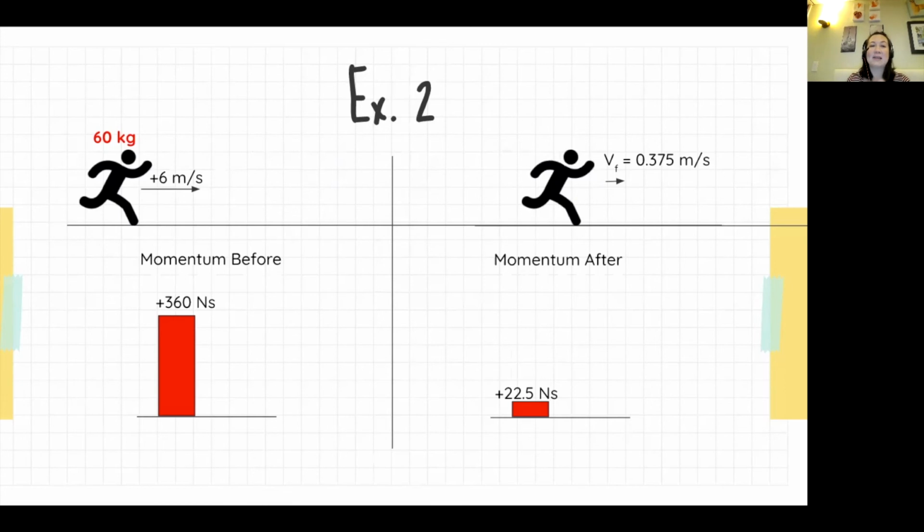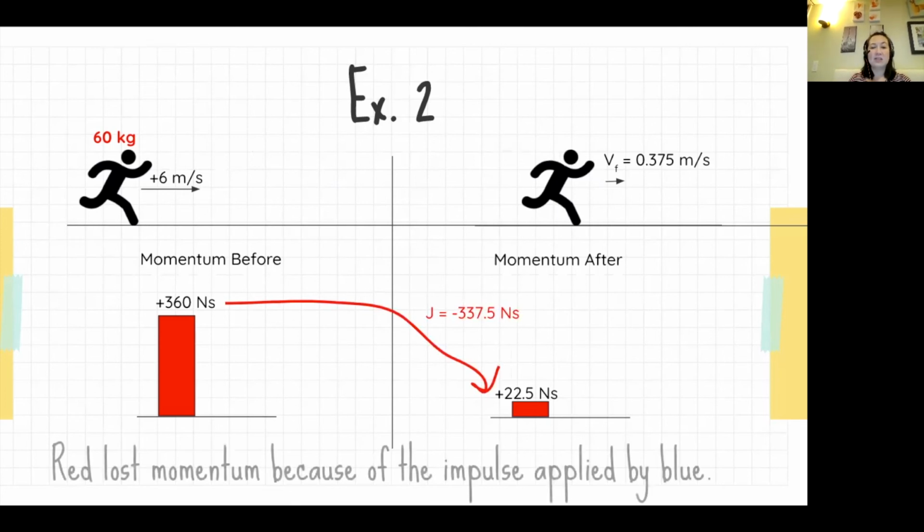Let's look at red. How much impulse happened to red during this collision? I don't need the force times time. I don't need the area under the curve. But what I need to see is that the impulse caused it to lose momentum. Red loses momentum because of the impulse applied by blue through the normal force.